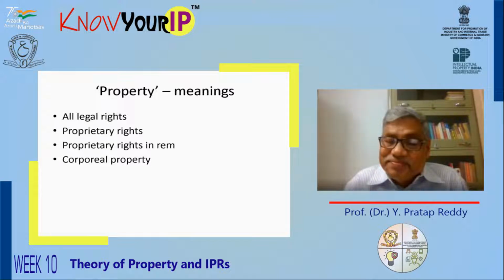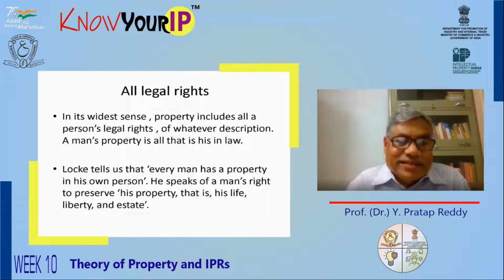Then it is a right in rem, and it should also be proprietary in nature. Even some personal rights are also rights in rem, like right to life, right to reputation, right to privacy. They are also rights against all. However, here property means those rights in rem which are proprietary in nature. A dual test is applied. It must be a proprietary right and it must also be a right in rem. So this is the third meaning.